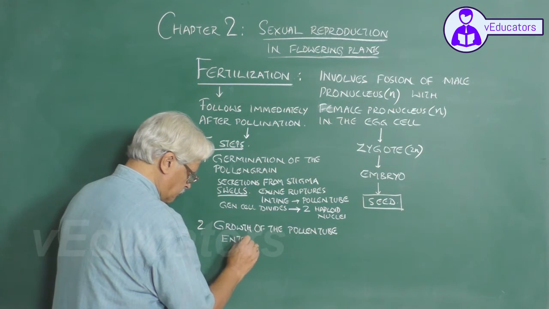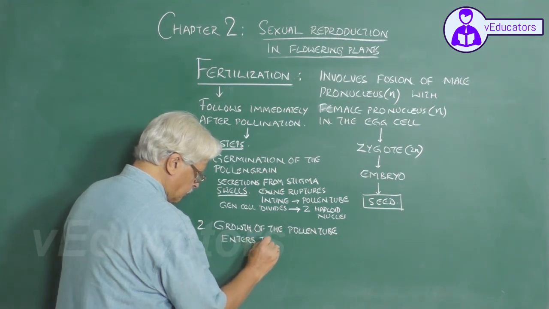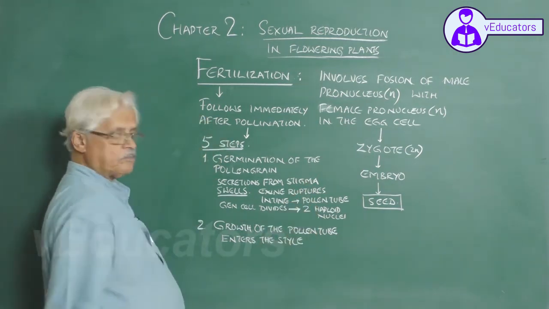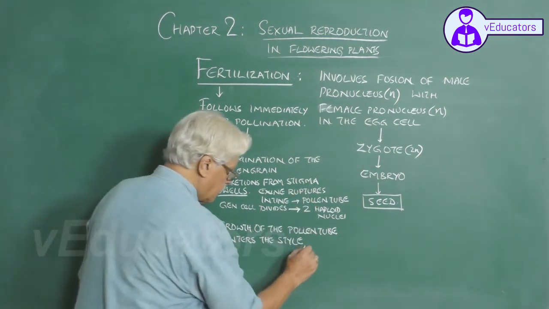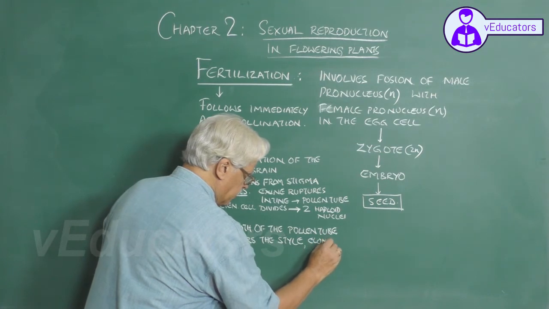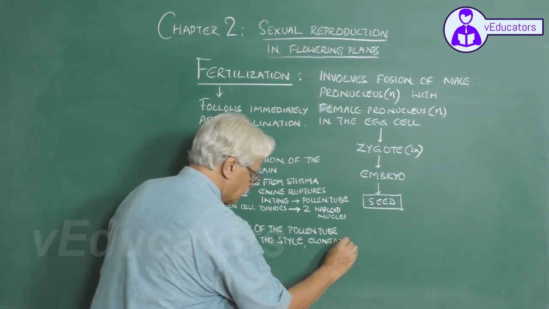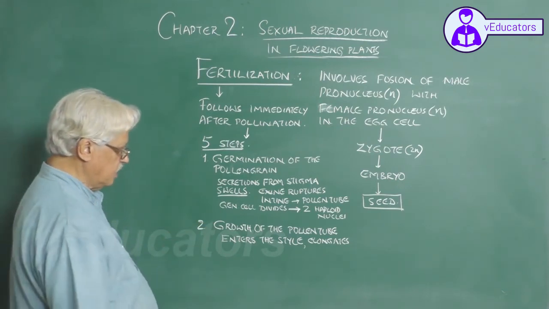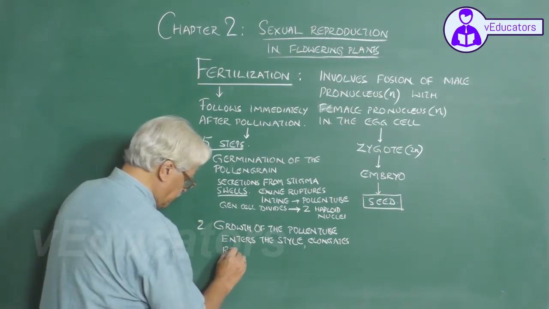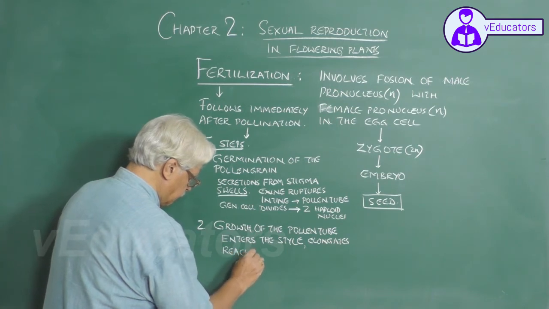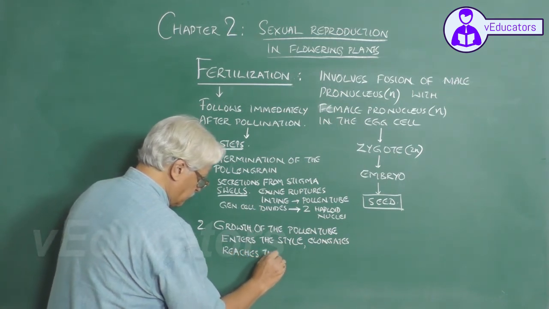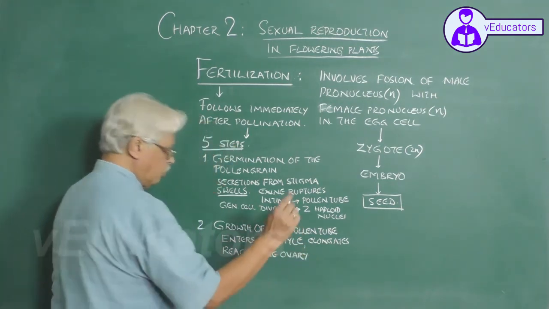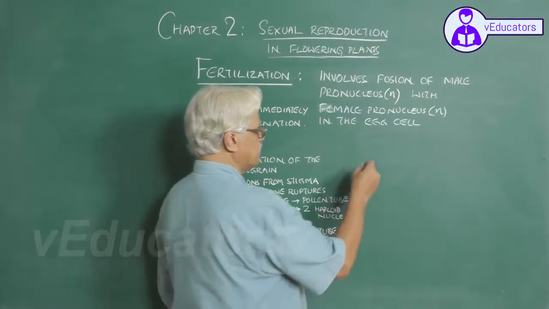It enters the style of the gynoecium and elongates, passes through the entire length of the style, and finally reaches the ovary.